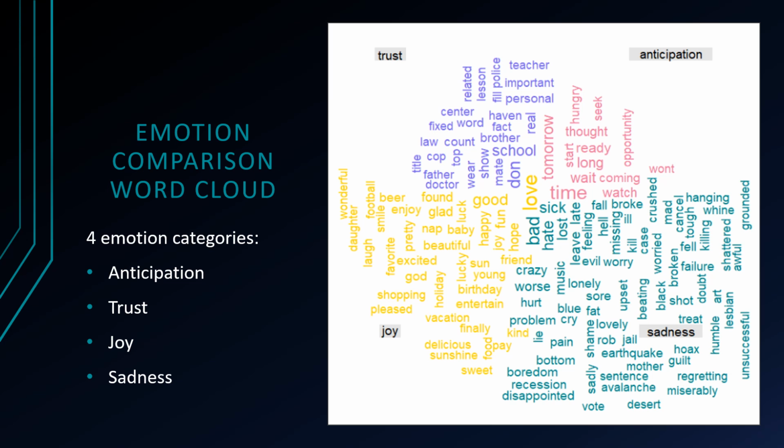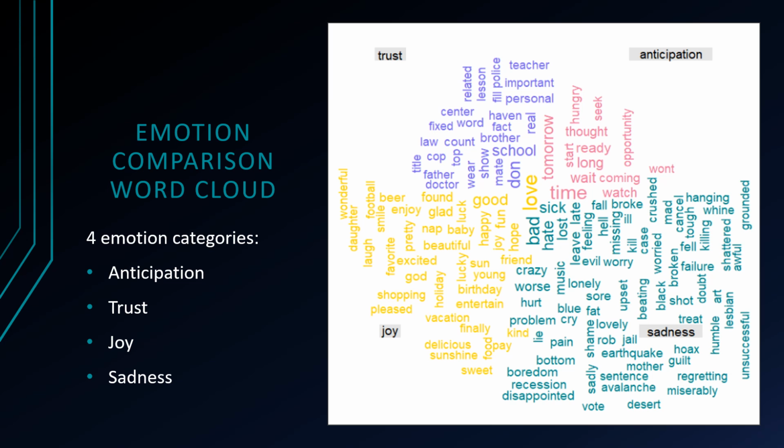Some potentially troublesome categorizations include the terms black, lesbian, and fat, which are in the sadness category. Again, it's hard to tell without the greater context of the tweets whether these are the result of bias in the sentiment scoring algorithm. Regardless, there is an overall clearer indication of how these terms are used in relation to particular emotions.